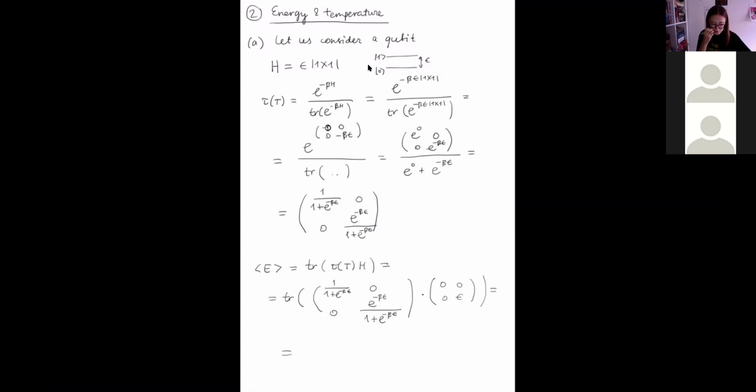And if you calculate this, what you get is epsilon e to the power minus beta epsilon over 1 plus e to the power minus beta epsilon, which equals epsilon over 1 plus e to the power beta epsilon. And if we include temperature instead of beta, then we would have epsilon over 1 plus e to the power epsilon over kT.